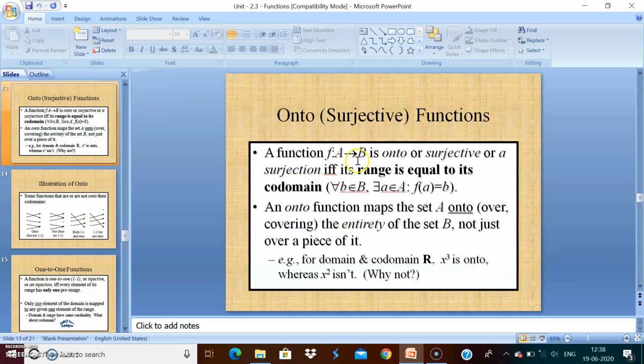A function f from A to B is onto if every element of B has a pre-image in A. That is nothing but an onto function.